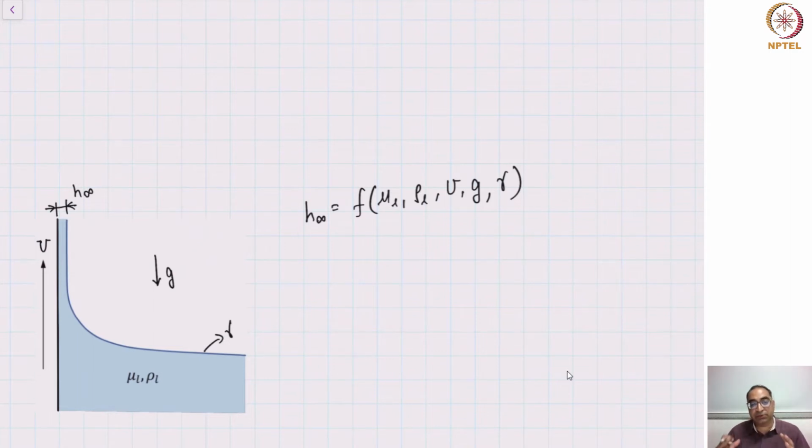When multiple forces are competing against each other, it is possible to have a steady state flow condition. A steady state flow condition is where the geometry doesn't change with time, and we can analyze it as a time independent problem.